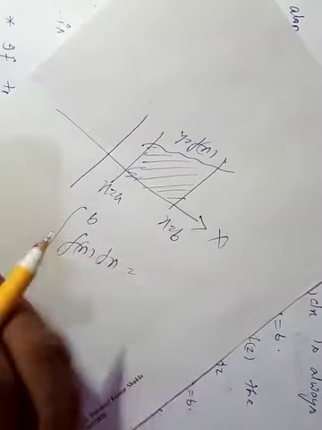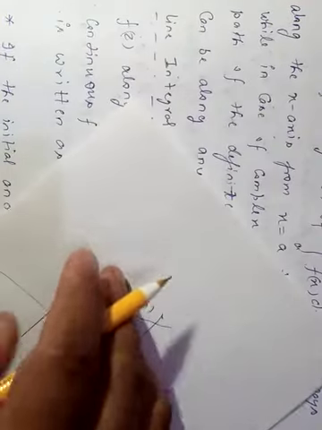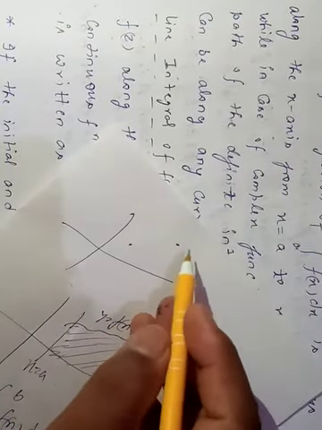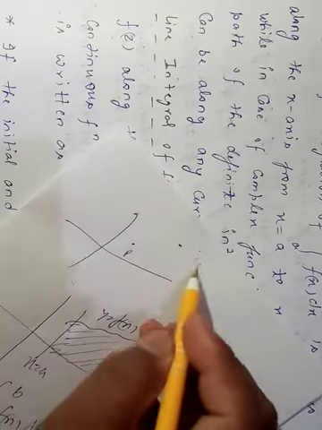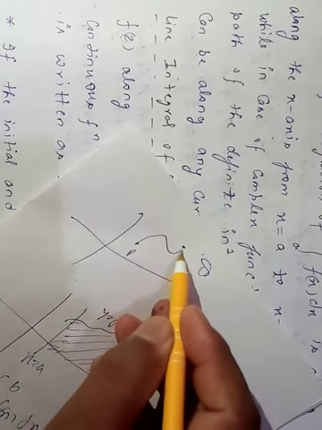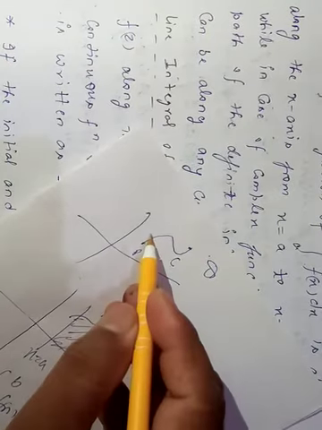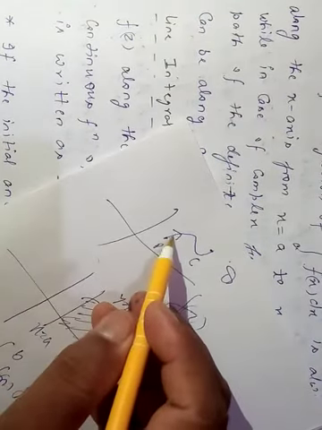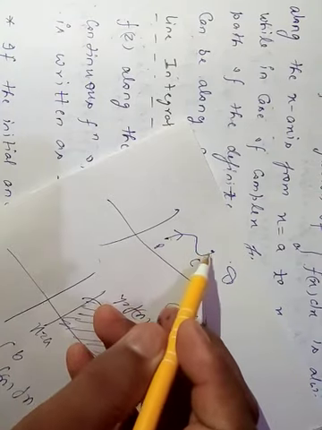But in complex analysis, suppose this is a point p and this is another point q, and this is a curve c. Suppose our function f(z) is continuous at each point of this curve c from point p to q.